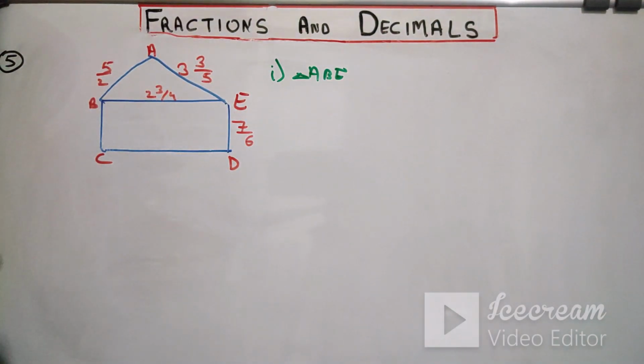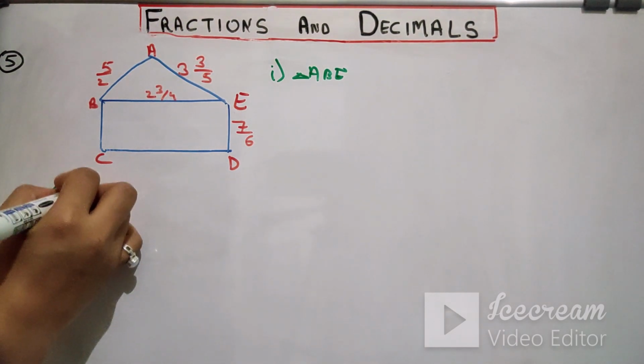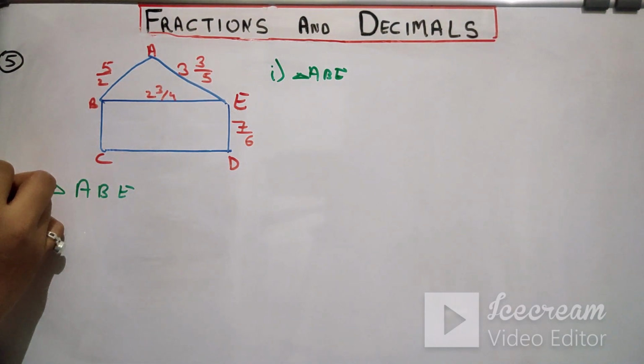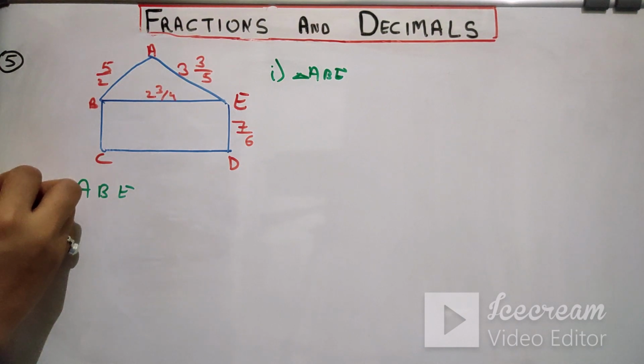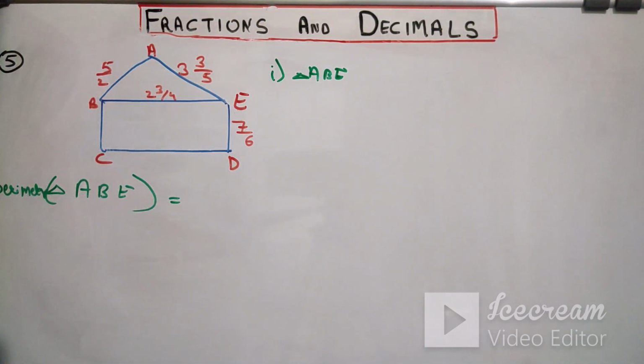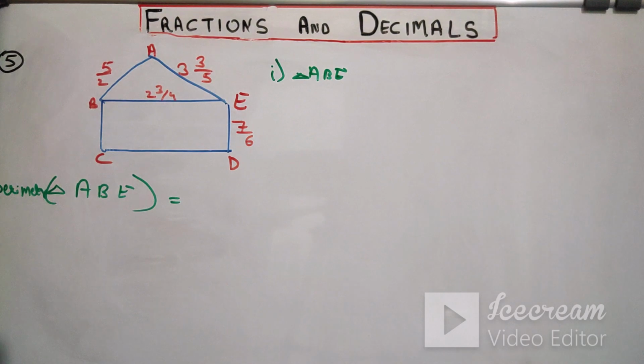So how will we find it? I think we should do it here, that will be more clearly visible. So we have to find out the perimeter. I could simply write it like this: perimeter of triangle ABE is equal to, the simple formula for finding the perimeter of a triangle is the sum of all the sides.